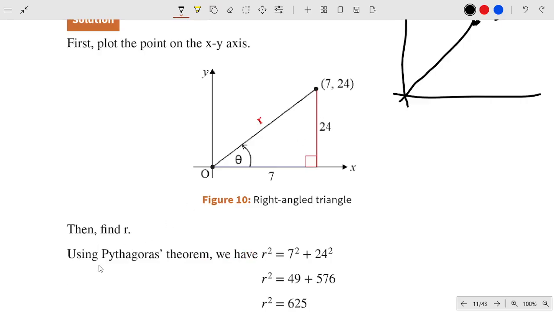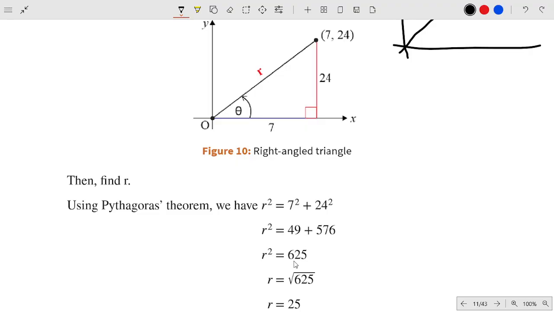So with the diagram, using Pythagoras theorem, r squared equals 7 squared plus 24 squared. So r squared is 49 plus 576. When we sum this up, we have 625.